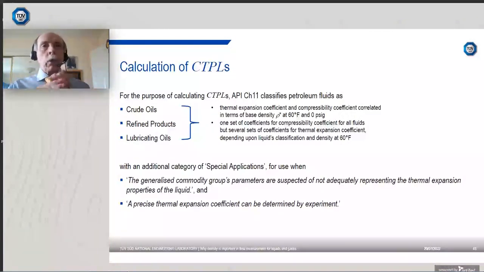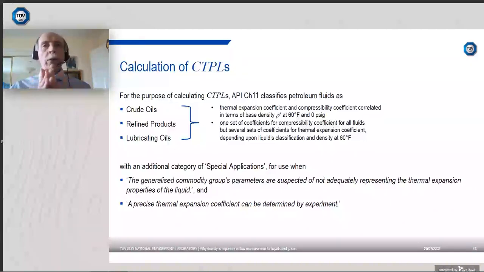How do these things work? Well, for calculating these combined temperature and pressure corrections, the API Chapter 11 basically classifies petroleum fluids into three categories: crude oils, refined products, and lubricating oils. And they use a thermal expansion coefficient and compressibility coefficient, which is correlated in terms of the base density at 60 Fahrenheit and 0 psi gauge.